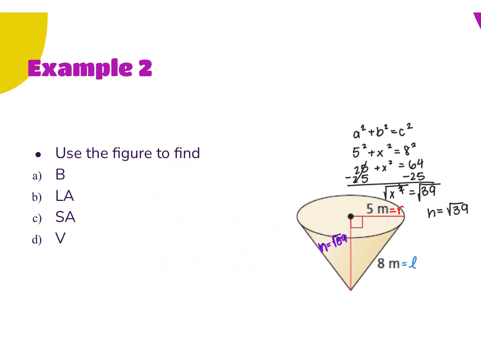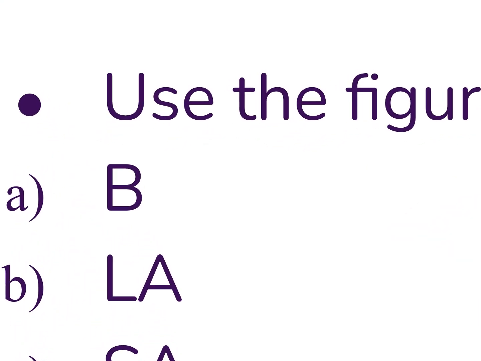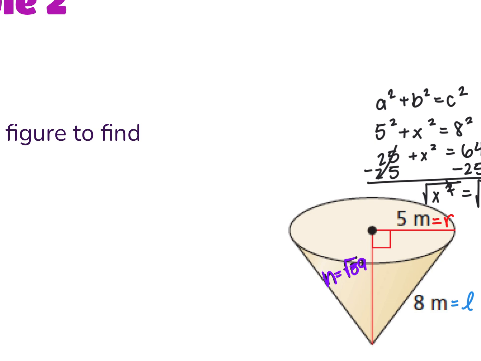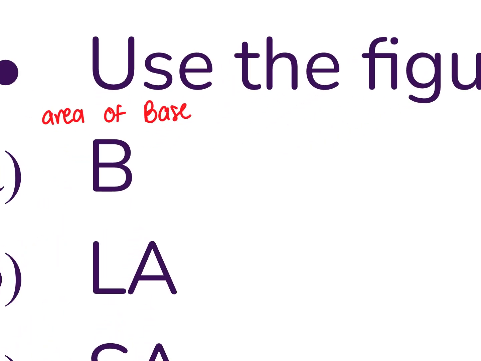So looking at it, first they want me to solve for B. Don't forget what B equals. B is considered the area of my base. And what shape do I have as my base? A circle. So I have to know the formula for the area of a circle. What is the formula for area of a circle? Pi what?